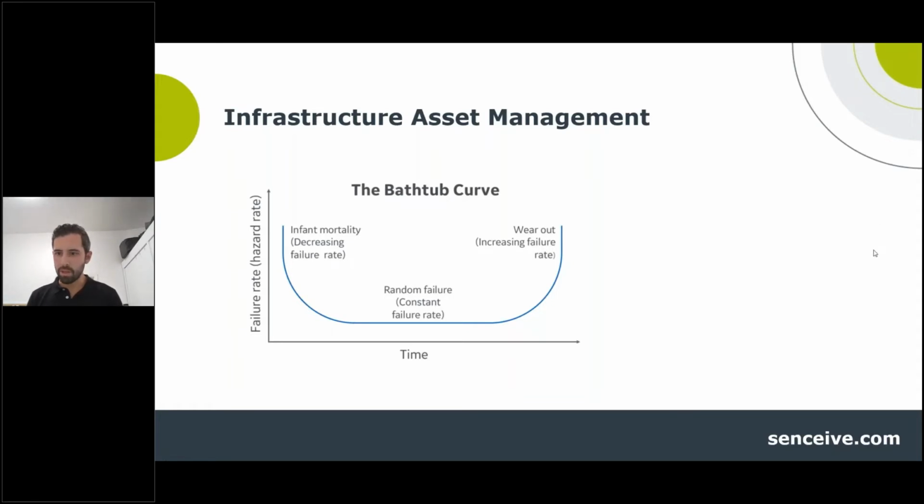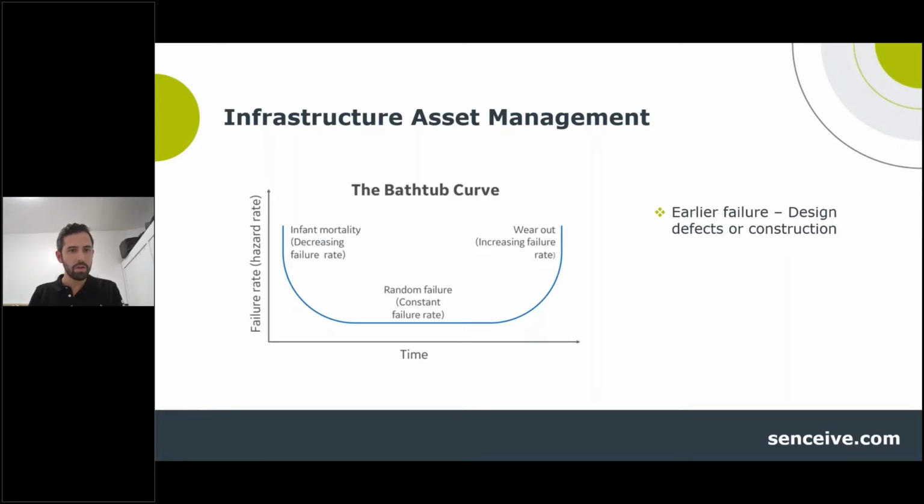So let me just adjust my screen here so I can see the full thing. Okay, so first starting with infrastructure asset management. Sometimes this bathtub curve is used to help define the failure rate, which we're seeing here in the y-axis.